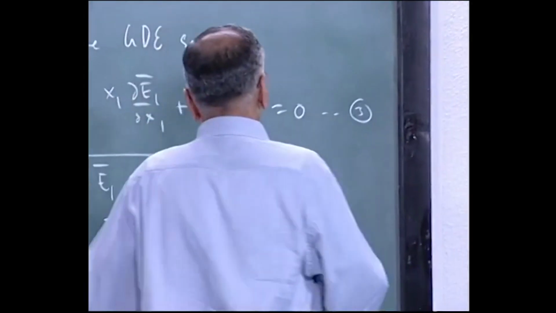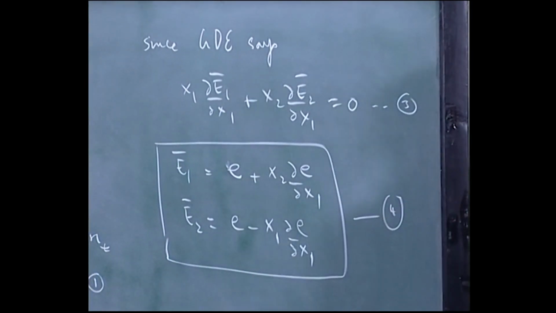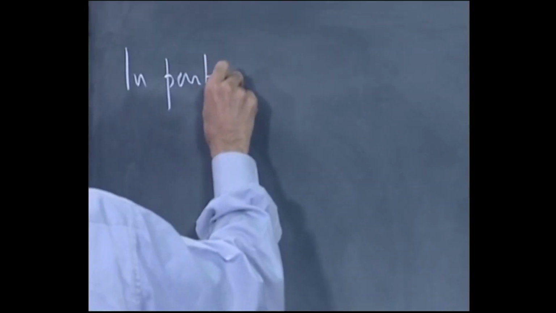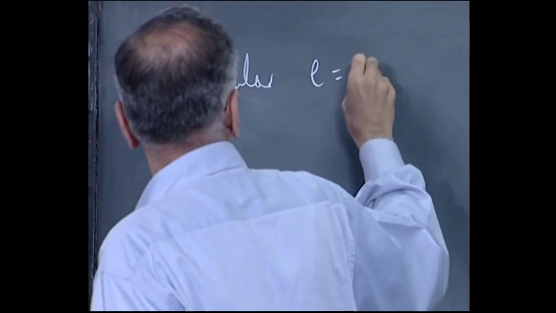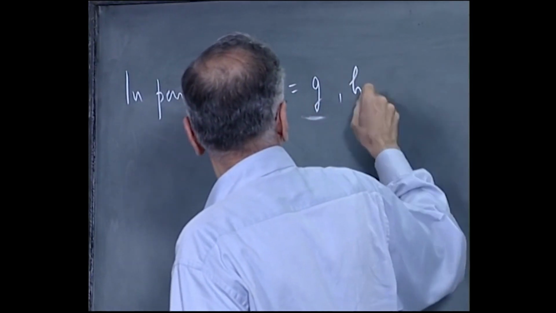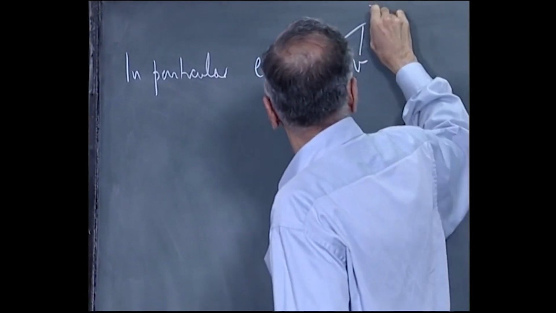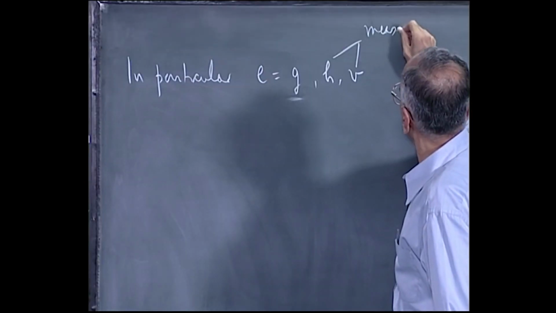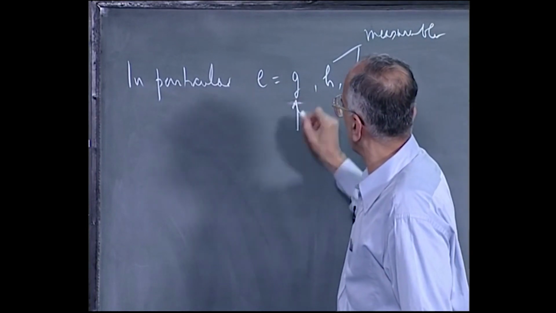these are general results, these are very important, and in particular the most important, in fact there are 3 quantities that are important. I will say E equal to G, which is the most important thing, G, H and V. These two are measurable, and this is important from a theoretical point of view.